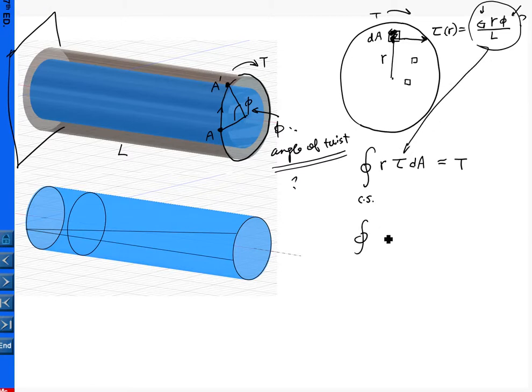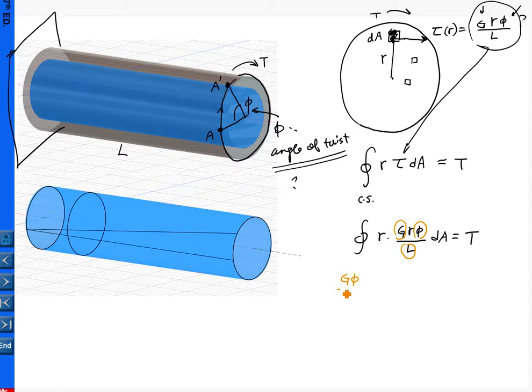So let me rearrange: integral of r times G r phi over L dA equals T, and then there are a few constants that I can take out. G is constant, and phi is unknown, but that is constant. L is constant, so let me take the constants out of the integration.